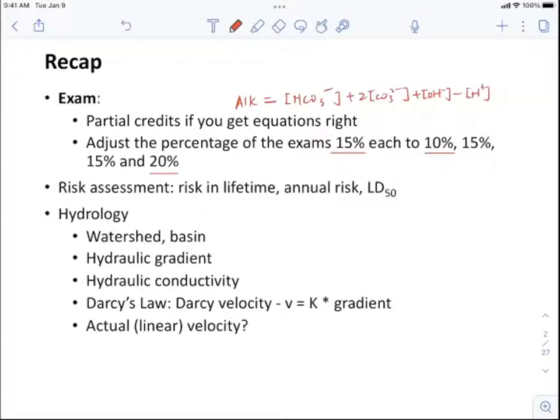Maybe at that time, the exam will look better. I feel that the problems are going to be easier in those areas, because those are mainly about the designs or the flow rate calculation and things like that. Okay, that's the information about the exam.